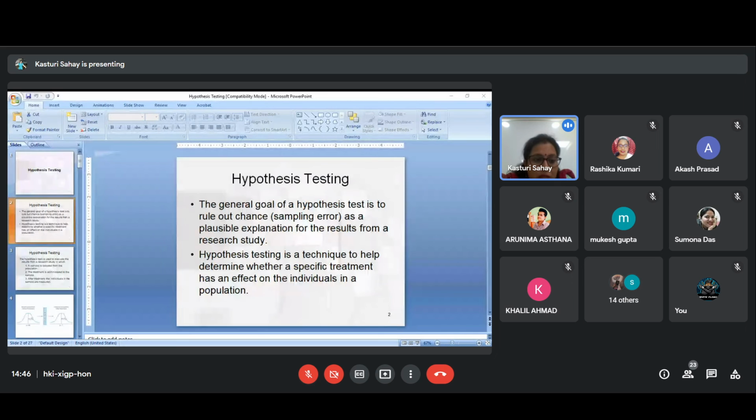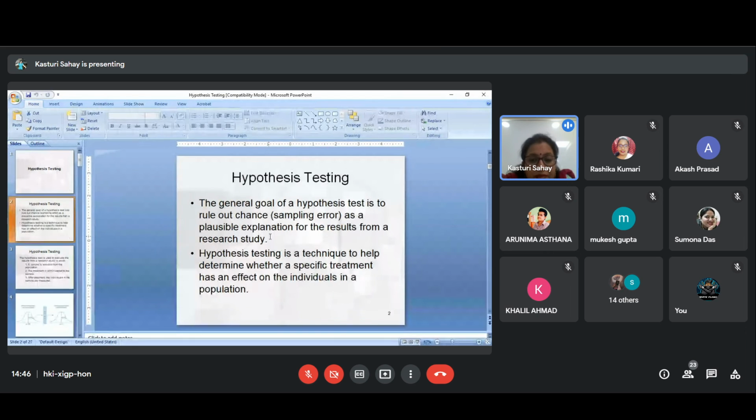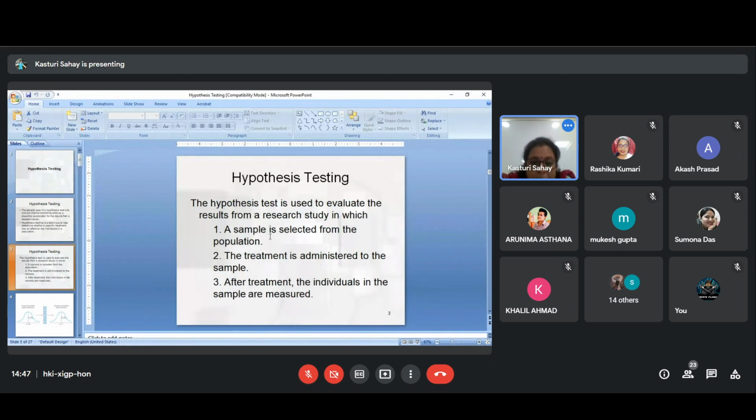Based on those predictions, we then test the hypothesis, whether we are actually getting the predicted results after doing the treatment or the experiment.